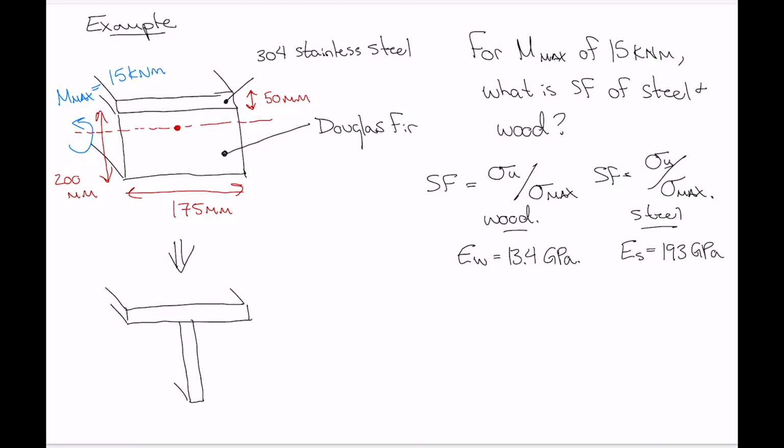The moment acts about the horizontal centroidal axis, so we do not want to change any dimensions perpendicular to that axis. This dimension, originally 200 millimeters, needs to stay 200 millimeters, but the width gets reduced significantly.